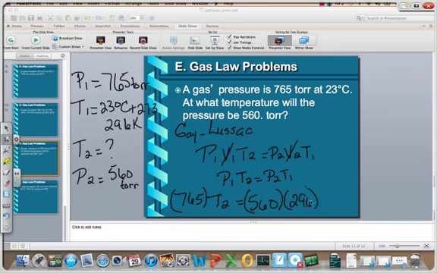You need to multiply the 560 and the 296 out. Once you do that, let's see what you get. All right, you're going to get 165,760. So to get T2 by itself, you need to divide it out.